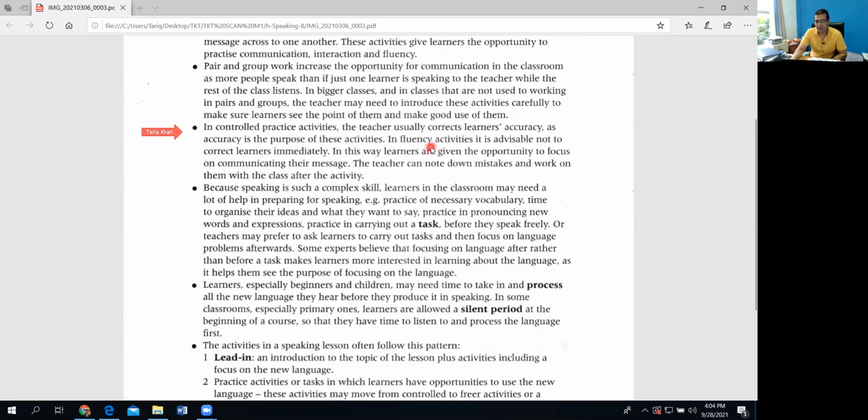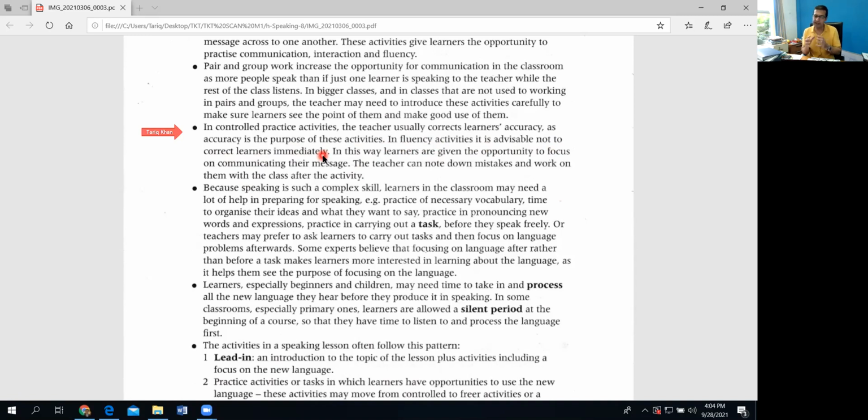Right. In fluency activities, accuracy activities are one way, and fluency activities are a different way. In fluency activities, it is advisable not to correct learners immediately. Now, try to understand this point.